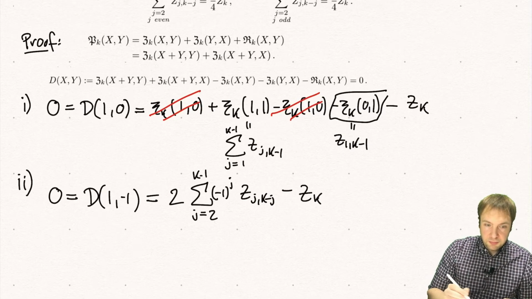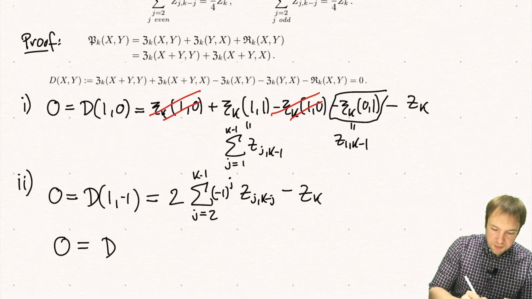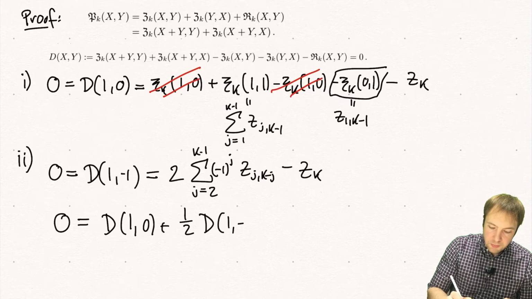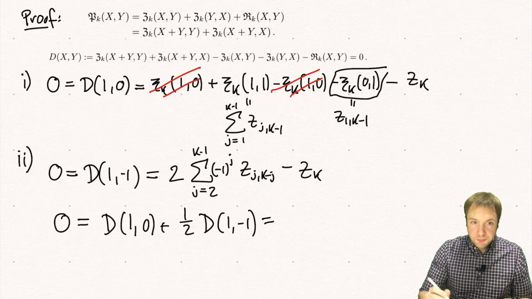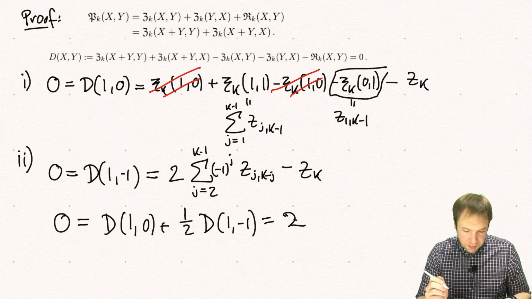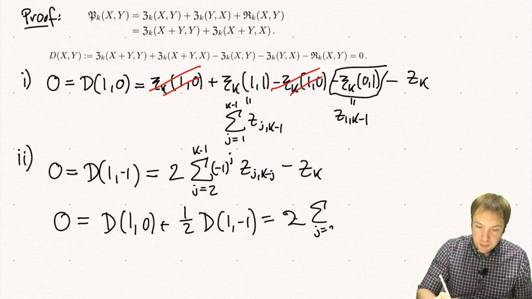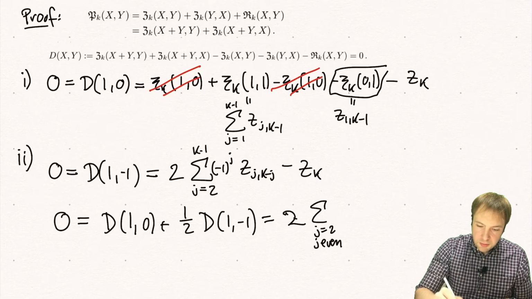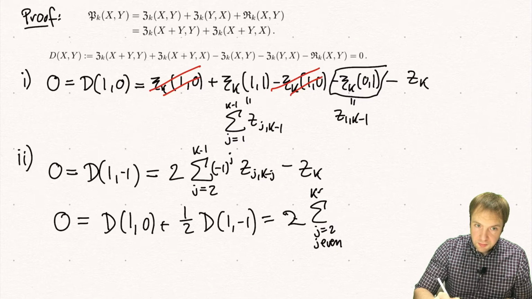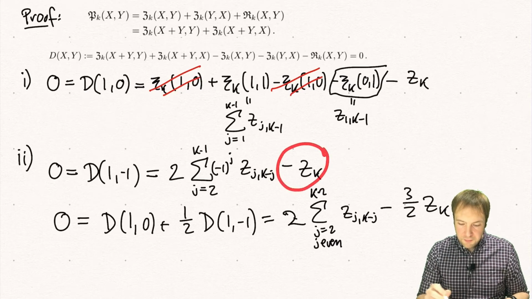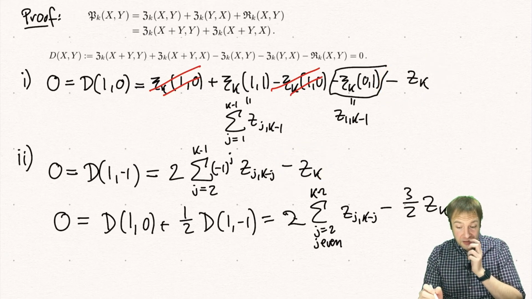So we get that, for example, if I add this 1/2, so plus 1/2 d1 minus 1, then I get 2 times the ones where this j is even, zj k minus j, minus 3/2 zk, because here 1/2 this, and I subtract it there, I get 3/2.